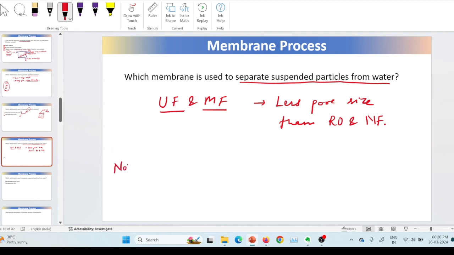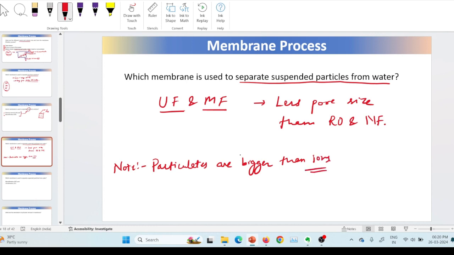Let me write here: particulates are bigger than ions.